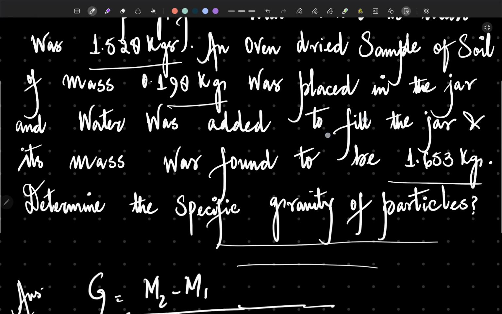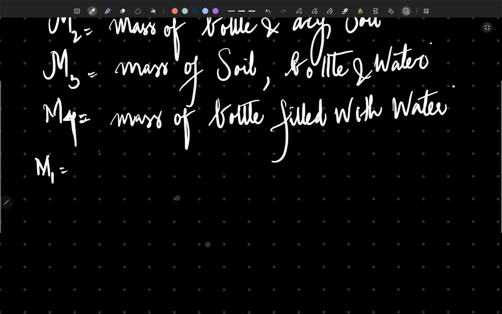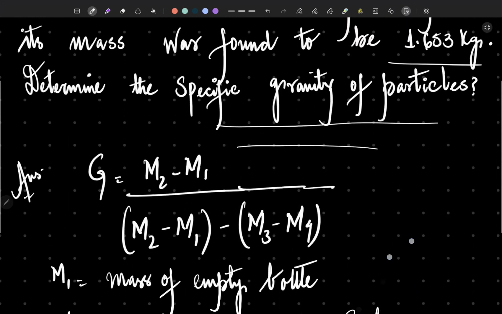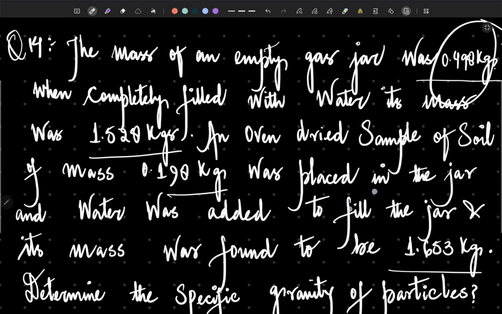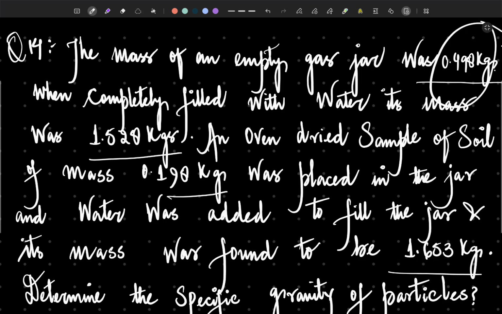This is our m1, 0.498 kgs. m4 is the mass of the bottle filled with water: when completely filled with water, its mass was 1.528 kgs. An undried soil sample of mass 0.198 kgs was placed in the jar.